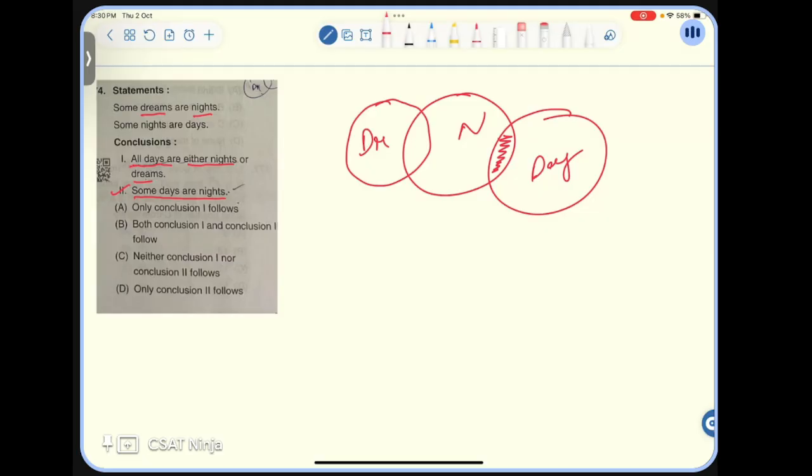All days are either night or dreams. That means I cannot say that all days are night, because there is no condition given there, or that all days can be dreams as well. It's a direct statement only. So this will not follow. I can go for this one.